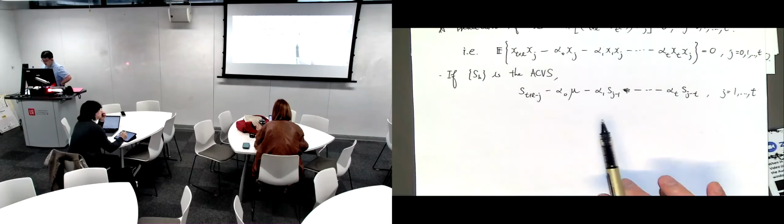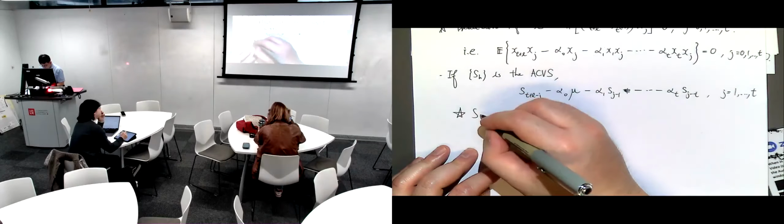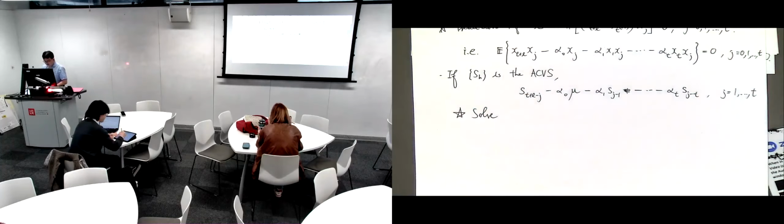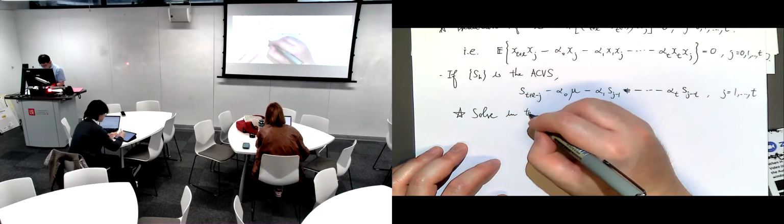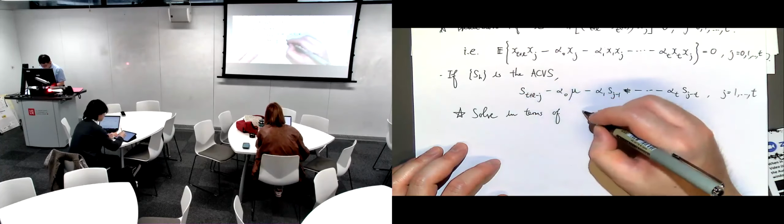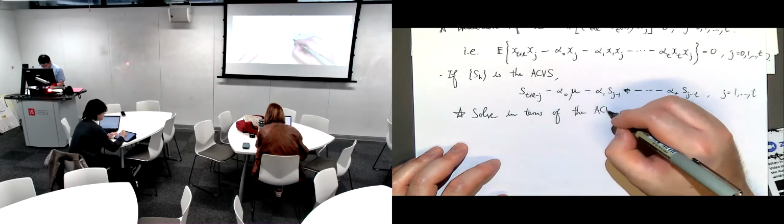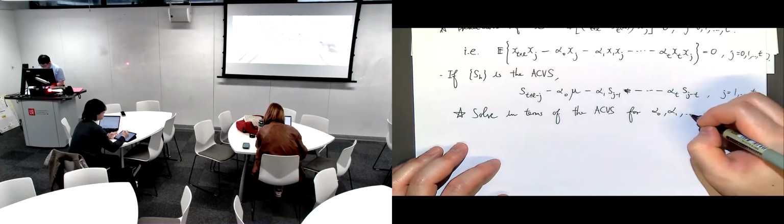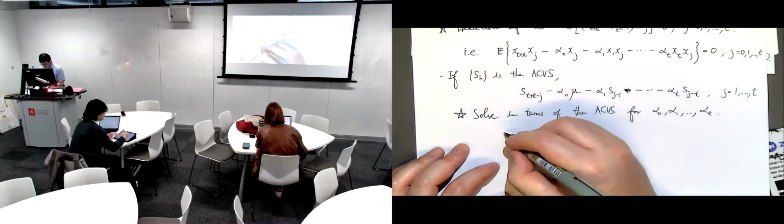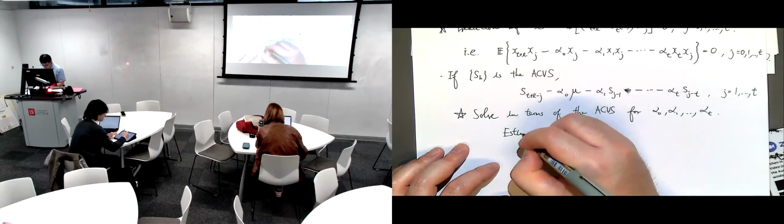So from this set of equations, can you solve for alpha_0, alpha_1 up to alpha_t? Well, you can. Solve it in terms of the ACVS. This is something I give you as an exercise. It's actually written in the lecture notes. Solve in terms of the ACVS for alpha_0, alpha_1 up to alpha_t. And then estimate. This is then standard.